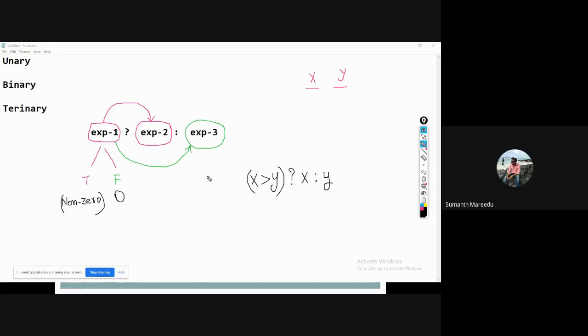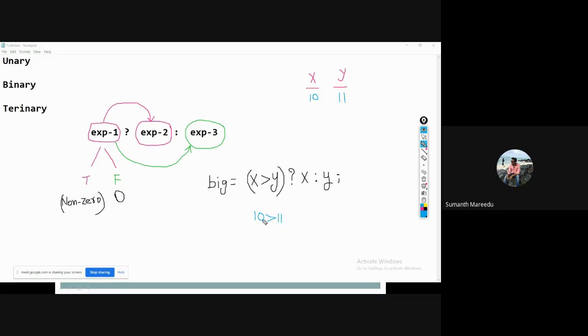So I will take a variable, say it as big. Now this big is assigned with either x or y. Let us take some random values of x and y. If x value is 10 and y value is 11, it verifies 10 greater than 11.